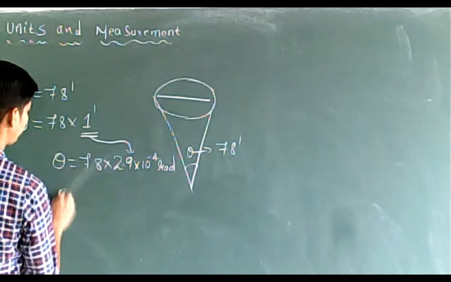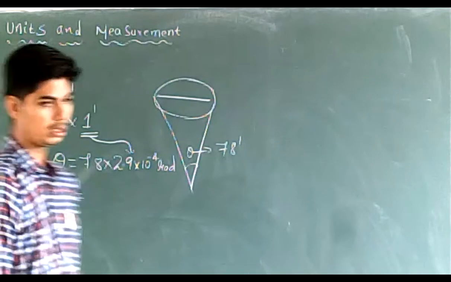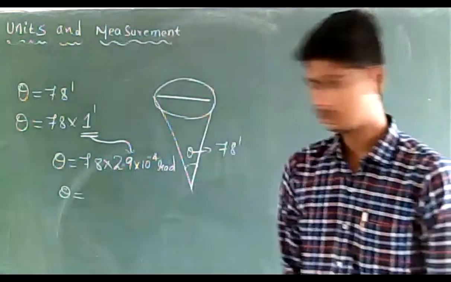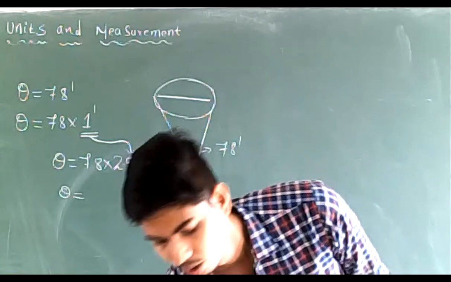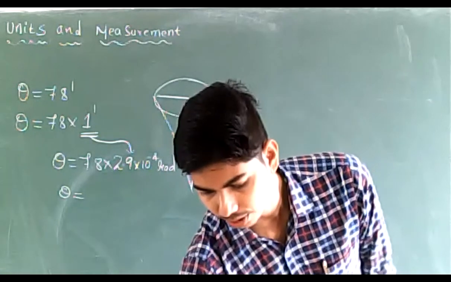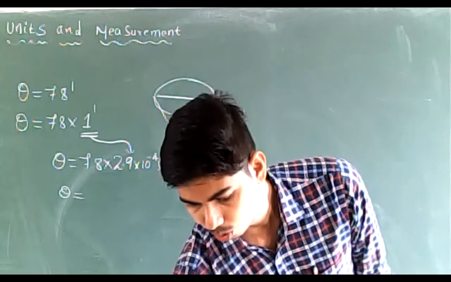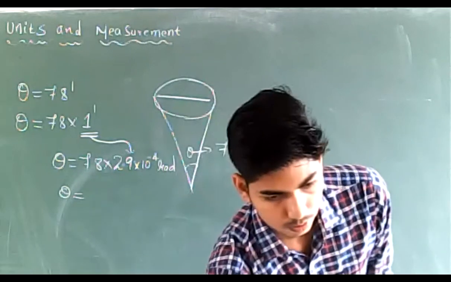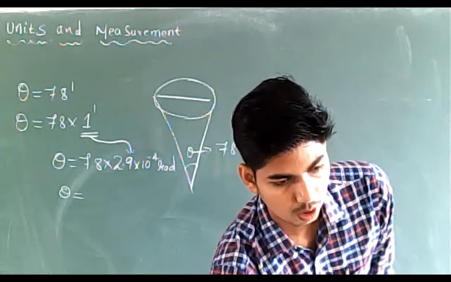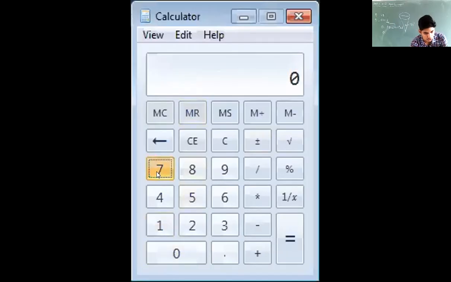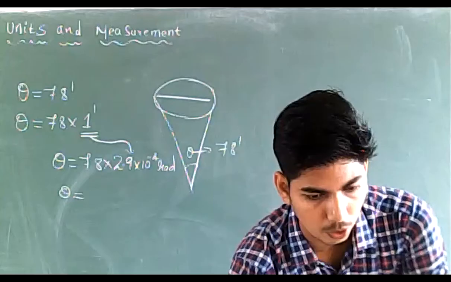So if we multiply, 78 into 2.9 will be 226.2.